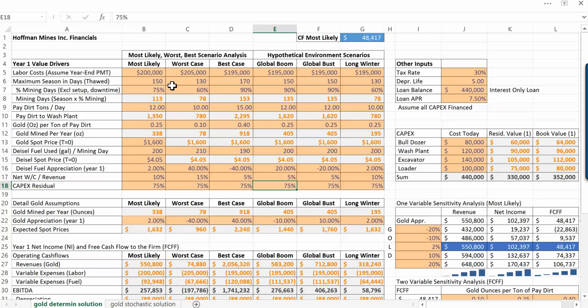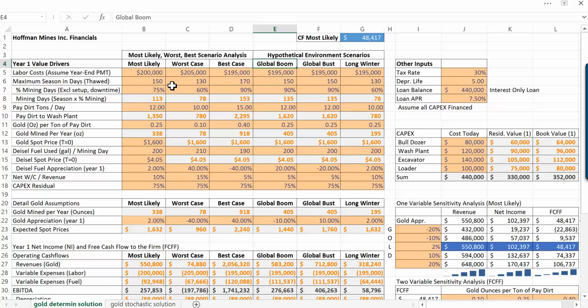And then we did some hypotheticals. The problem with these best case and worst case is they're not internally consistent. Like, why would the price of oil or fuel go up and the price of gold go down? So in hypotheticals, you look at different environments and say, what environments might be good or bad for my business?